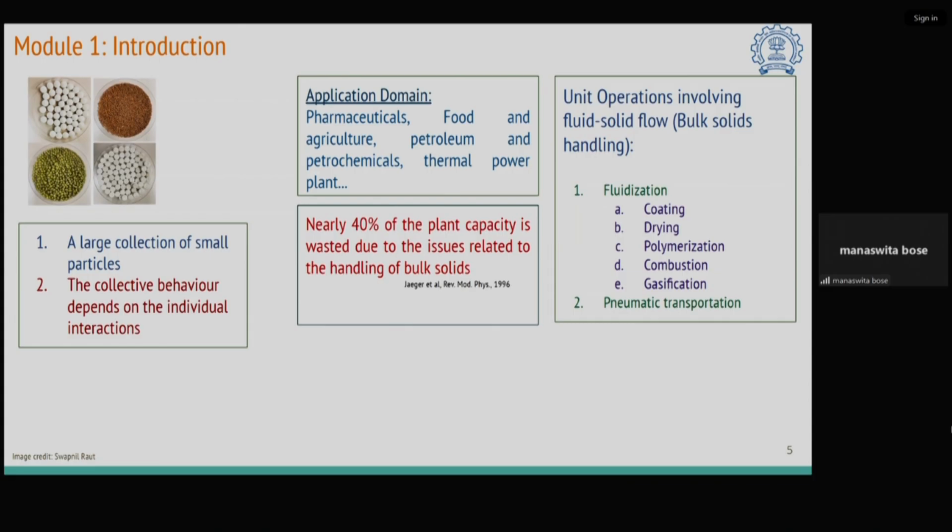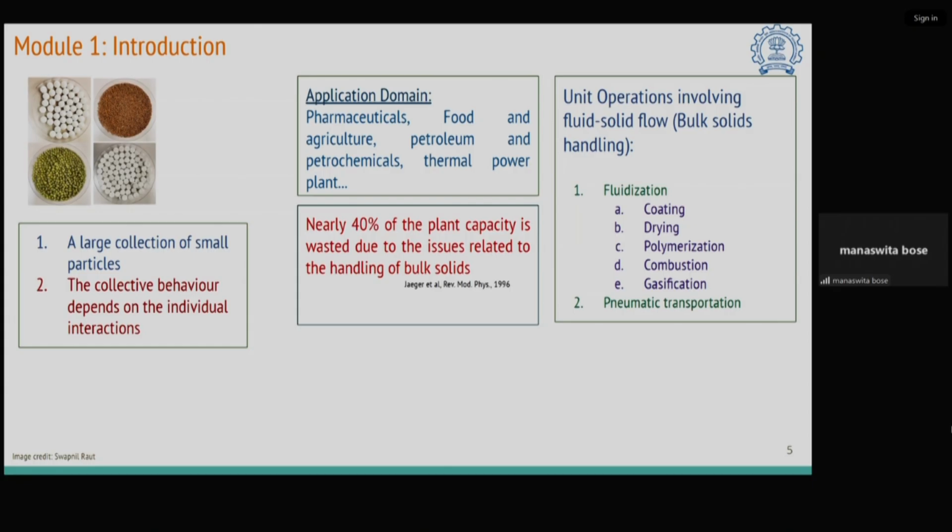Now, long back, nearly 30 years back, there was an article which stated that nearly 40% of the plant capacity is wasted due to issues related to the handling of bulk solids. This is known as bulk solid handling also in unit operations. Now, this scenario has not improved a lot even now.